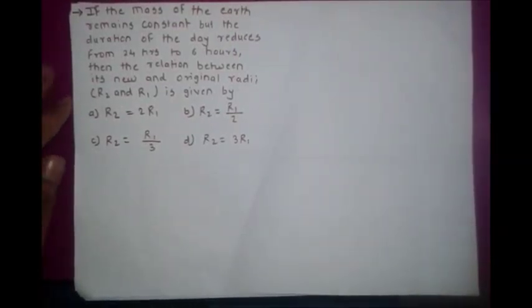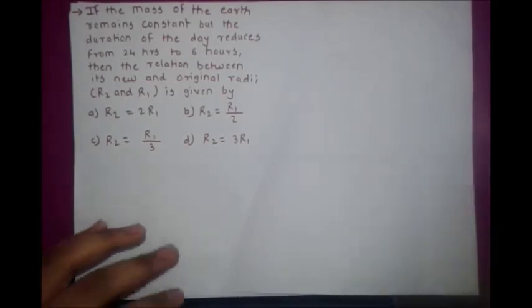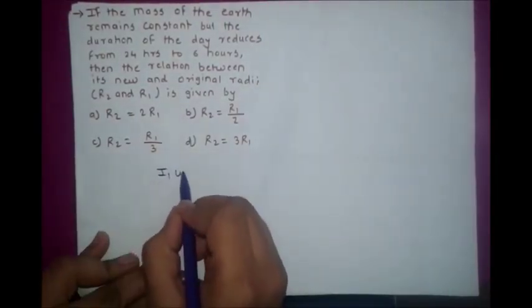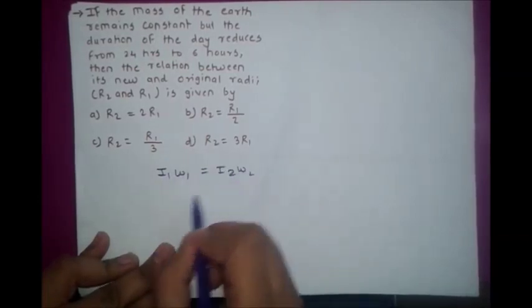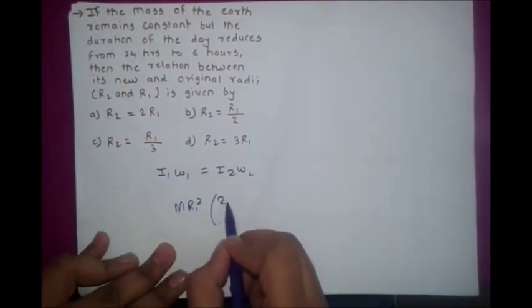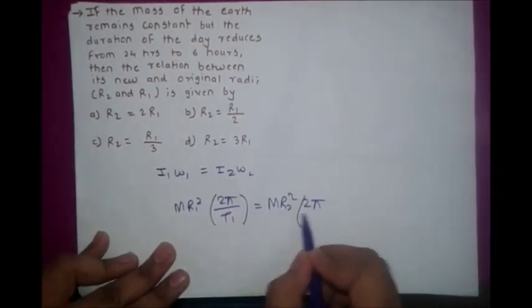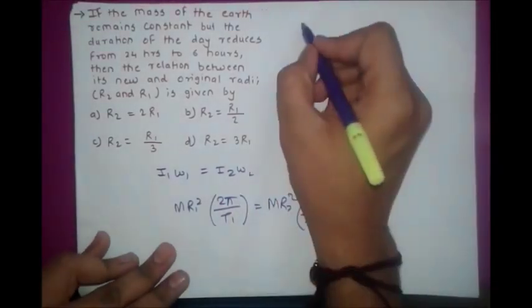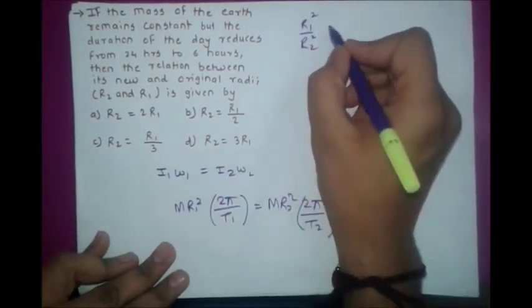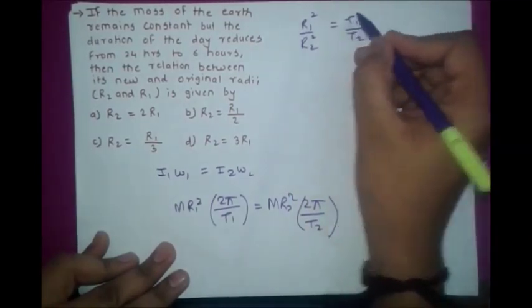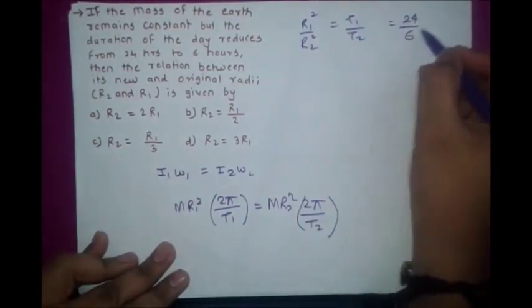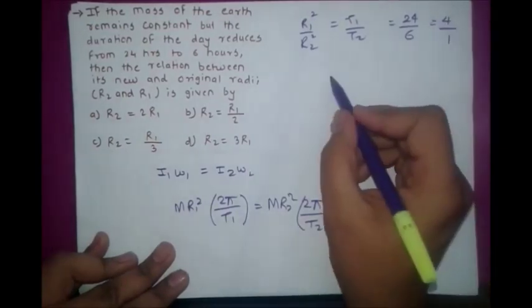If the mass of the earth remains constant but the duration of the day reduces from 24 hours to 6 hours, then the relation between its new and the original radii r2 and r1 is given by. Now we know I1 omega 1 is equal to I2 omega 2, m r1 square 2 pi by T1 is equal to m r2 square 2 pi by T2, r1 square upon r2 square is equal to T1 upon T2, which is equal to 24 upon 6, which is equal to 4 upon 1.